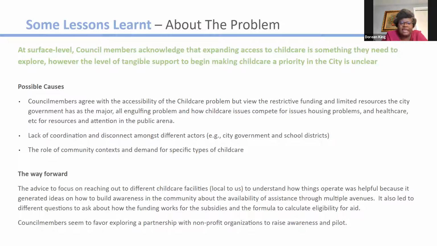So what we realized, having had these conversations and speaking to different actors and Kevin himself, is that there was actually a lot of opportunity to explore partnerships, for example, with nonprofit organizations, to be able to raise this level of awareness and to formulate a pilot to get this done, right?